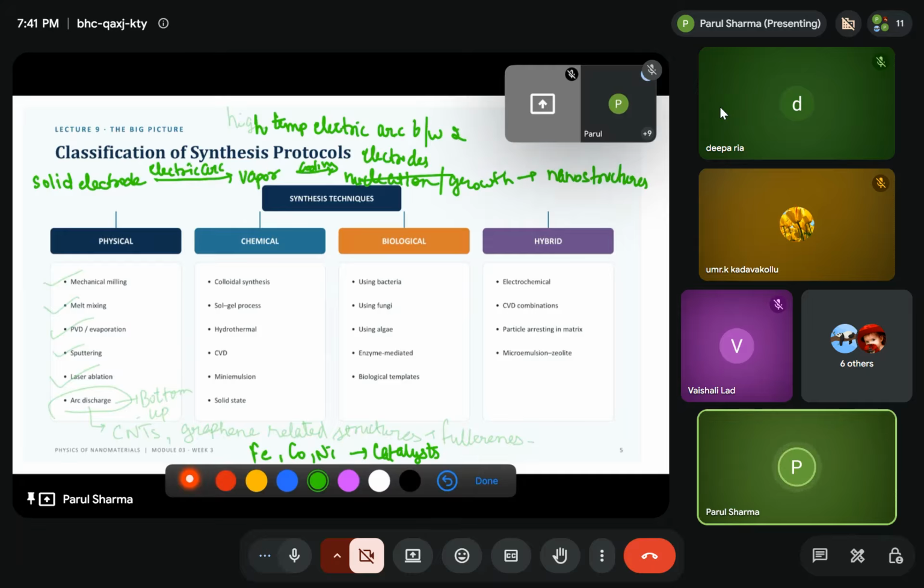For the chemical processes, there is no direct heating of the target material, although there will be some reactions involved. In the chemical processes, the first process is colloidal synthesis. This is a bottom up technique.